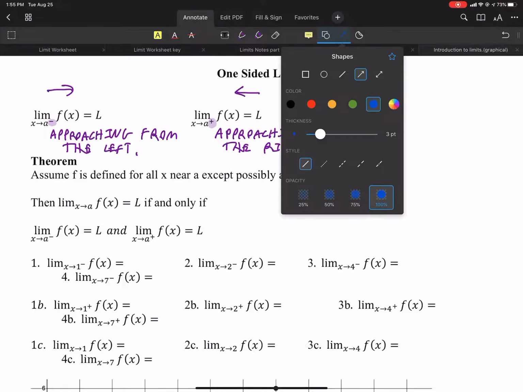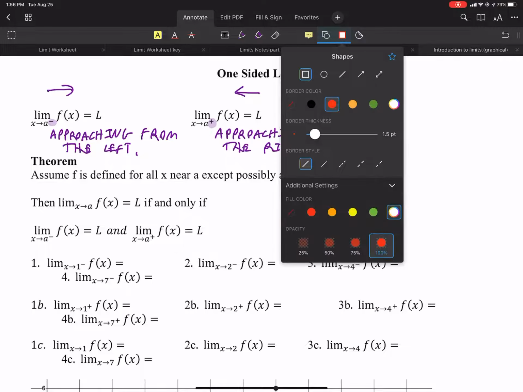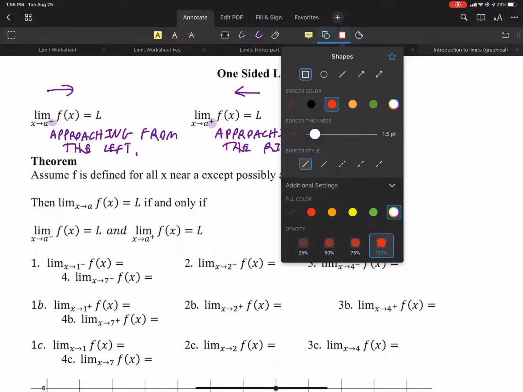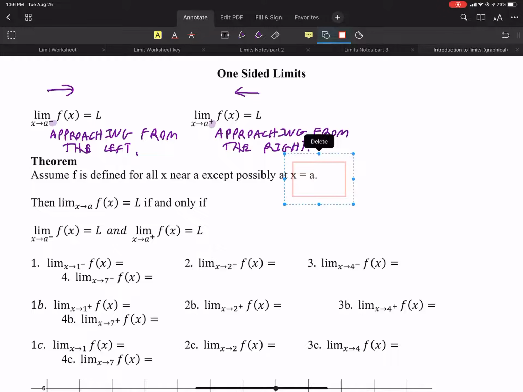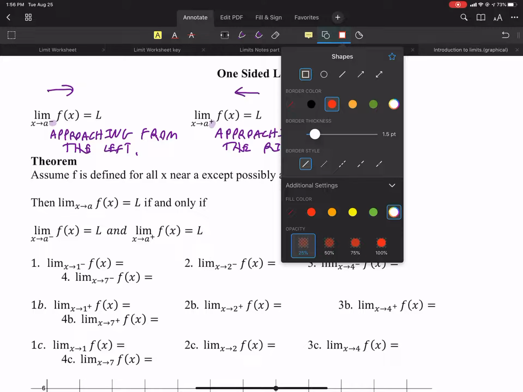And I want to put a box, a red box, and I want it hollow. Where is the inside? I don't see additional settings. I want nothing on the inside. Uh-oh. How do I make it hollow? I don't know. Okay, I don't think it's going to happen the way I want it to. Let me experiment. Oh, that's okay. It works. Oh, I see what's happening. I want 100%.